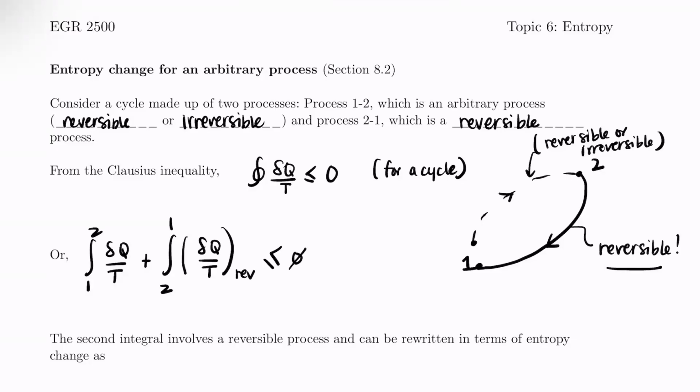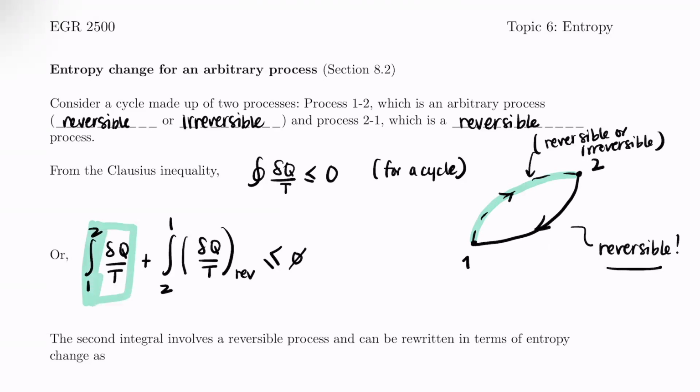Hang on. I drew 2 points for one. There, that's better. Okay, so we have our process that goes from state 1 to state 2.